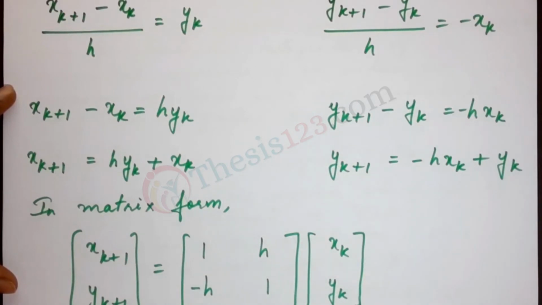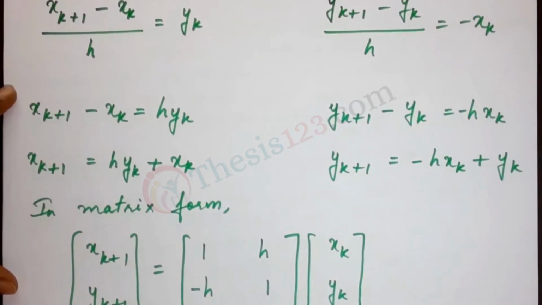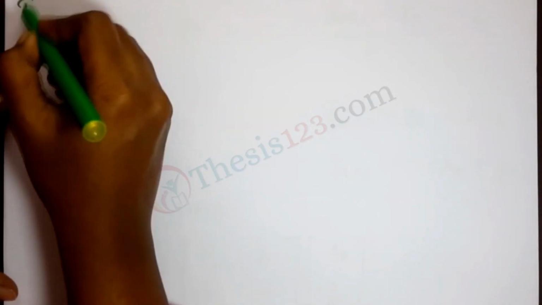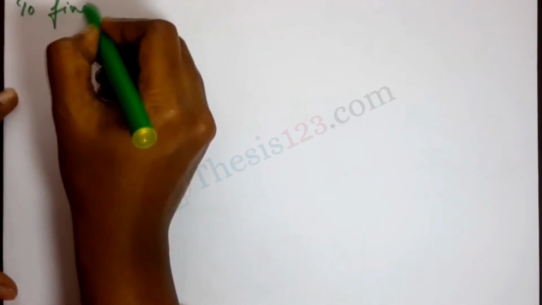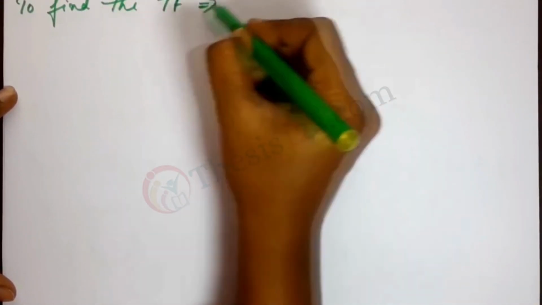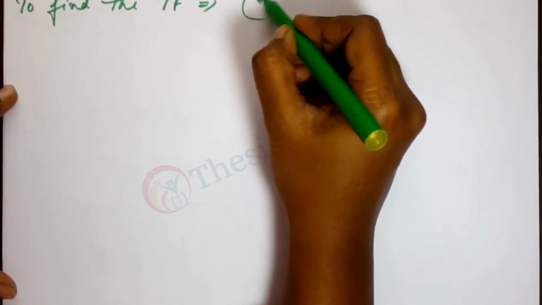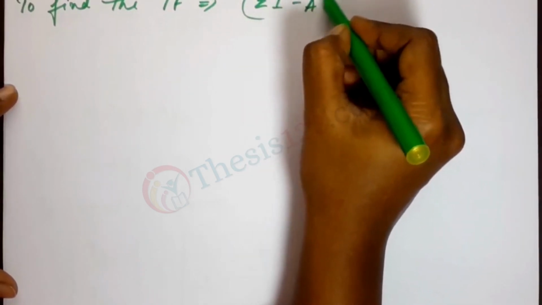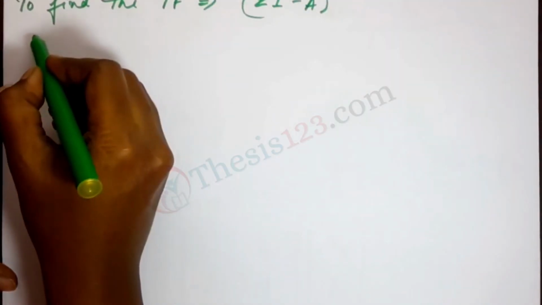In order to find the transfer function, we will have to calculate zI minus A whole inverse.